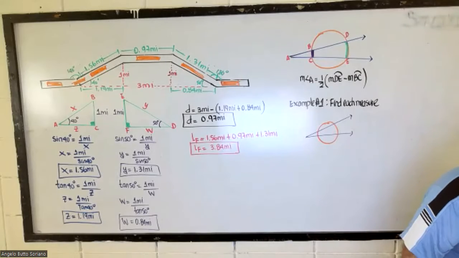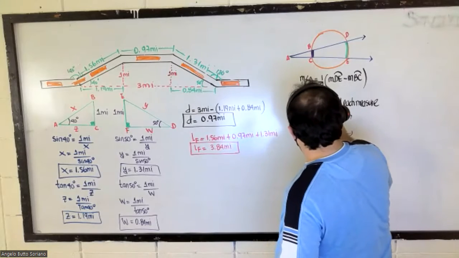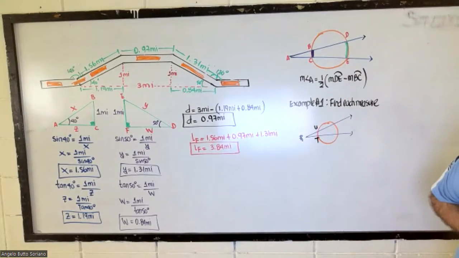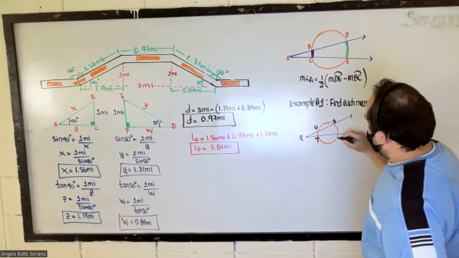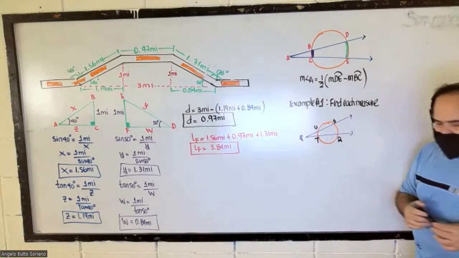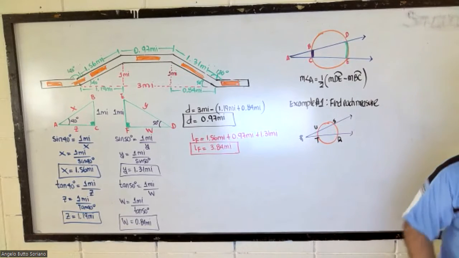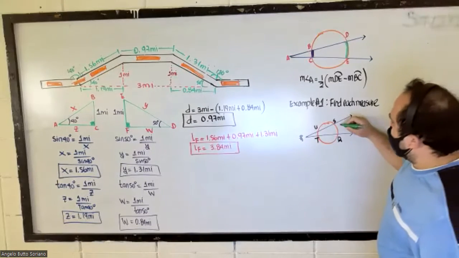For example, we got the vertex R, and the inside value, I mean the measure of this part, that will be around 103 degrees.